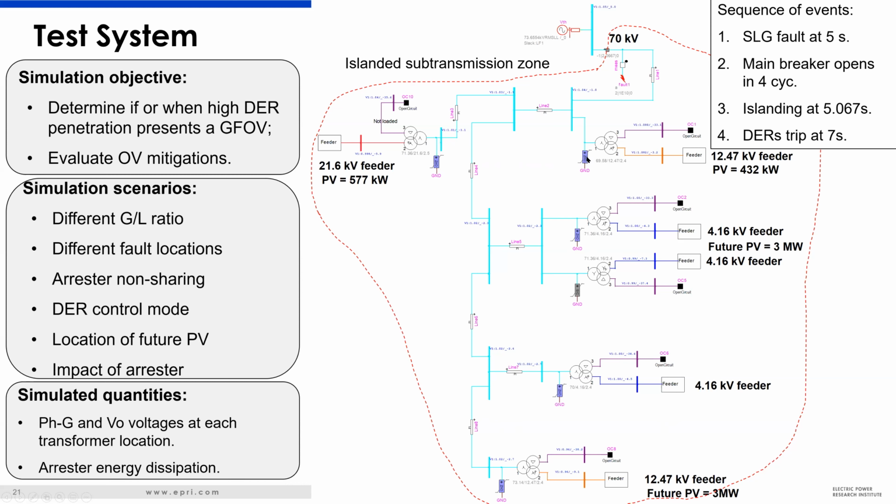The conclusion was that, because of arrester non-sharing and differences in VI curves, doubling the arresters may not help. They may not match each other if they don't have the same service experience. Even with the same manufacturers, we may not have arrester sharing.